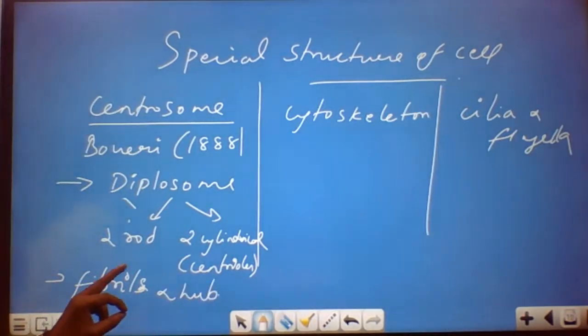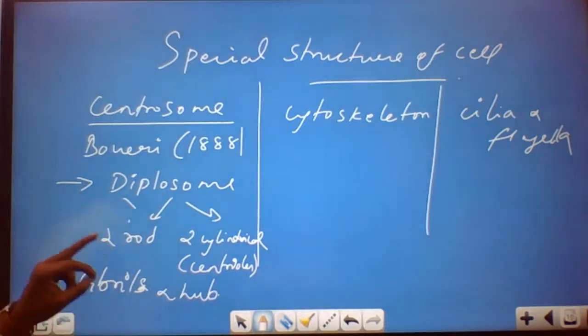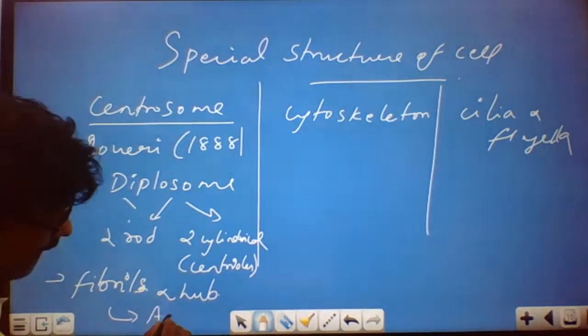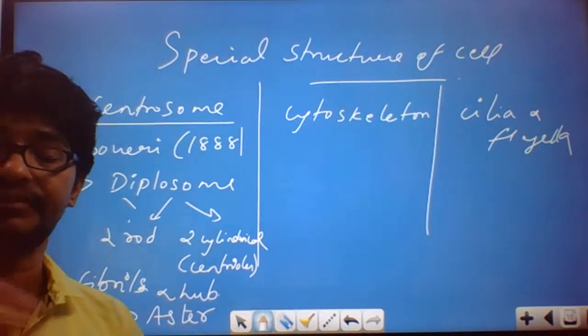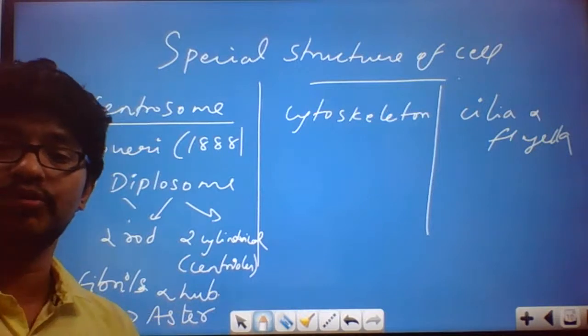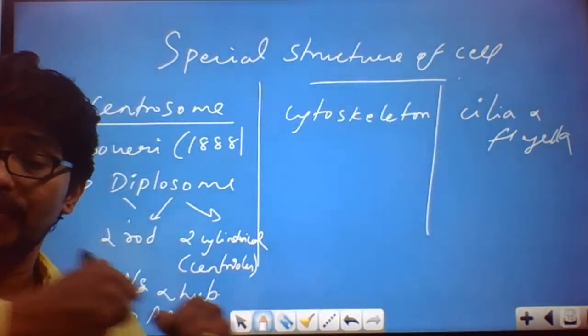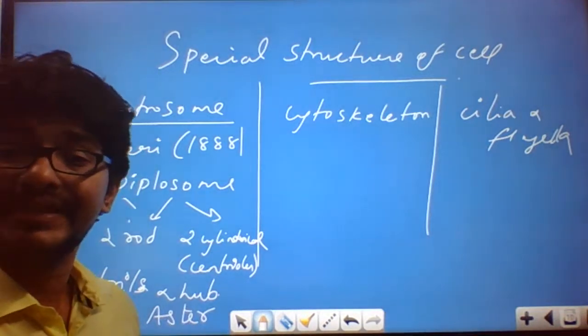This is responsible for cell division, and it starts developing radiating threads, which we call an aster. When cell division happens, you will see the kinetochore, the cell getting separated, the chromatids being pulled to both sides, near the poles from the equator. How is this process happening?